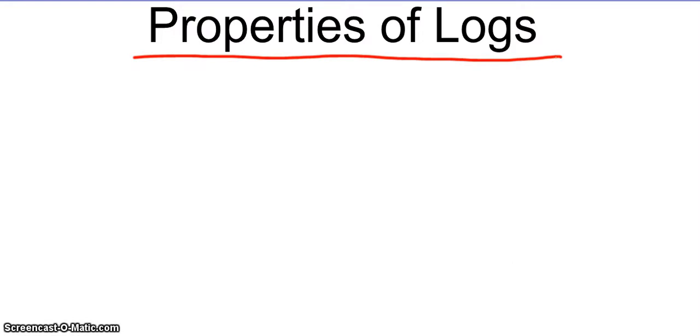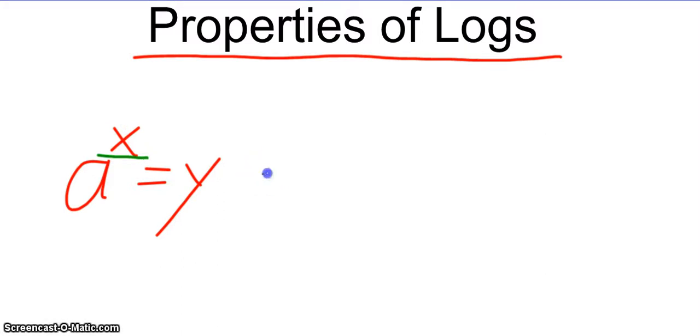So first things first. If we have an exponential equation, let's say a to the x equals y, and remember what makes it an exponential equation is that the exponent is a variable.